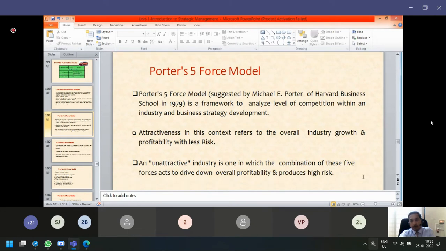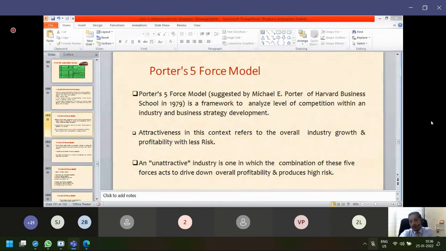So for industry environmental analysis, we can study one of the models put forth by the philosopher and scientist Porter.